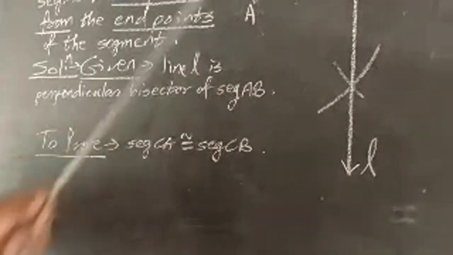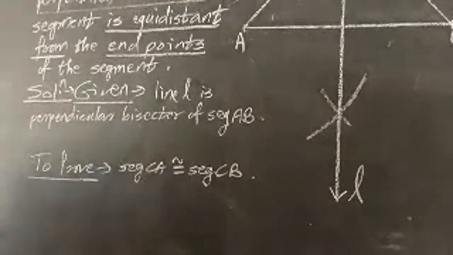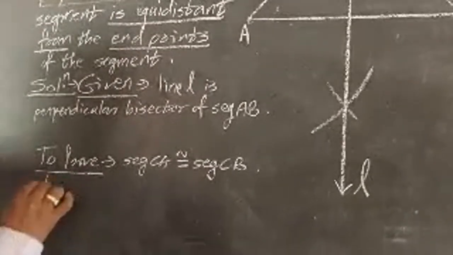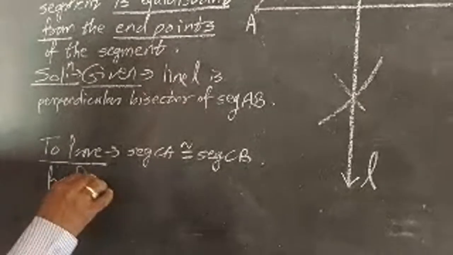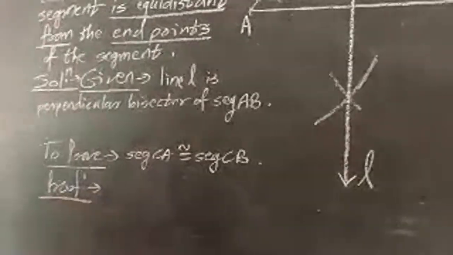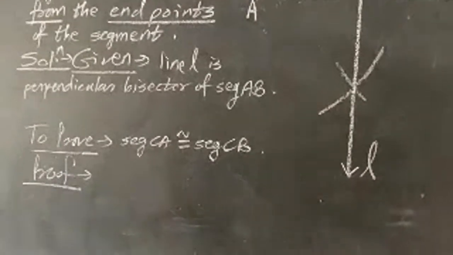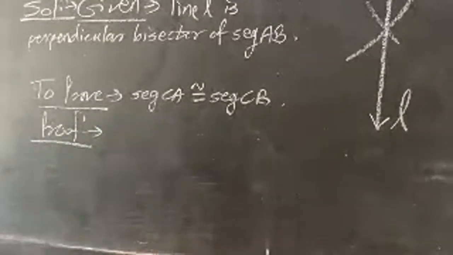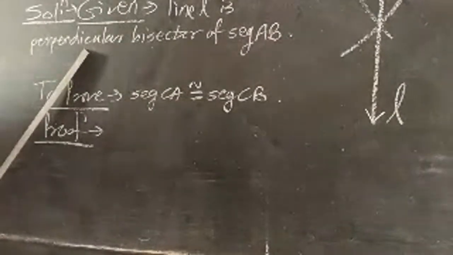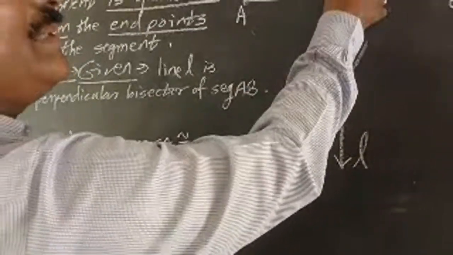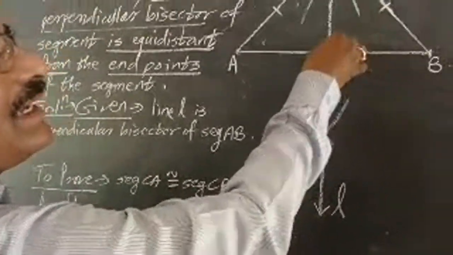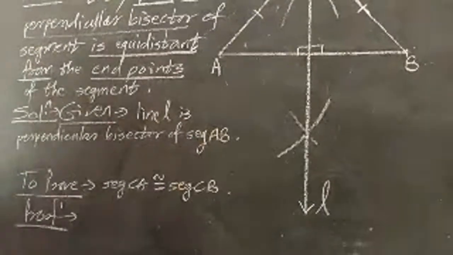After that, the next part is construction, which we have already done here. The next part is the proof. What is the proof? This is perpendicular. Perpendicular means here how many degrees? 90 degrees.